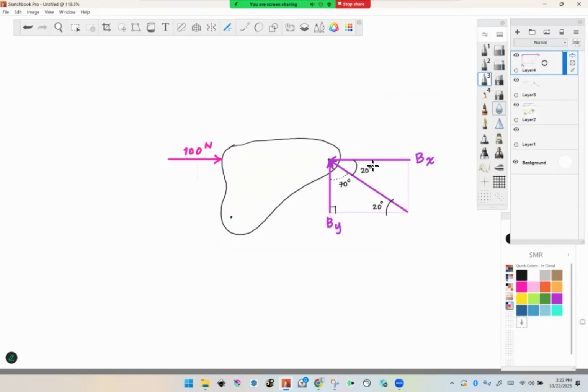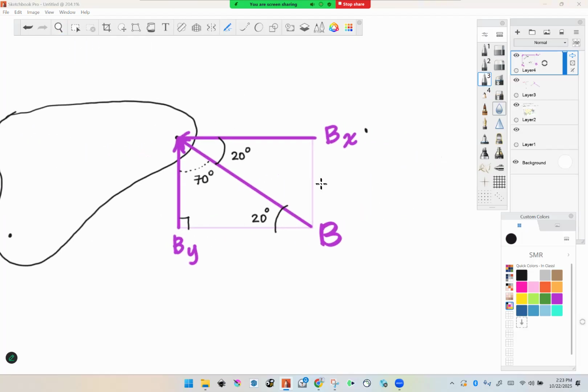So if I wanted to express this in terms of the normal force at B, or just vector B is probably the easiest way to say this one, then I could write something like B sub x is equal to B cosine of 20 degrees, adjacent. B sub y equals B sine.